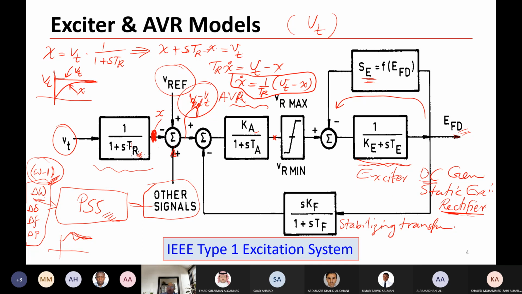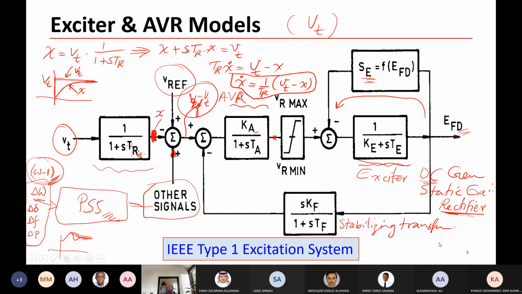So you have several types of exciters: DC exciter and AC exciter. With an AC exciter, the output is AC, but this will be rectified to DC, and the field winding is a DC winding.